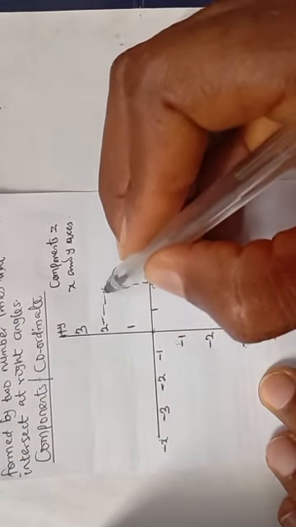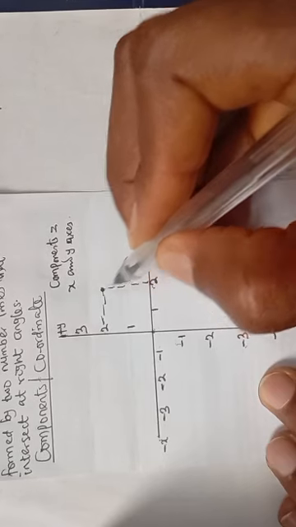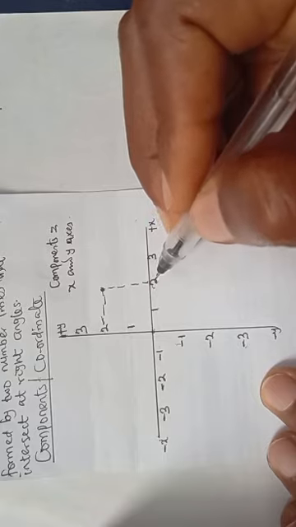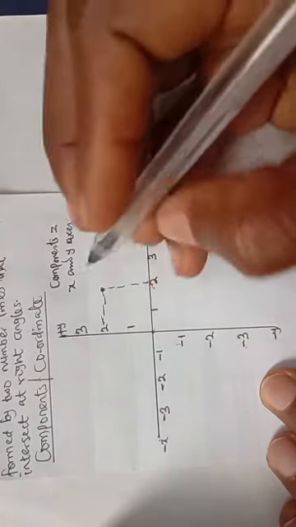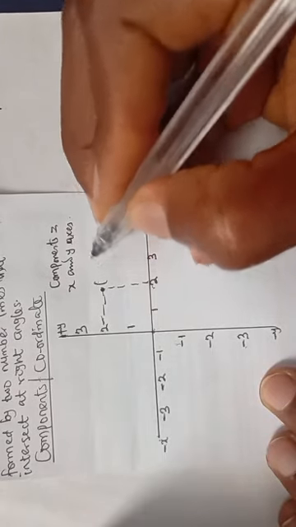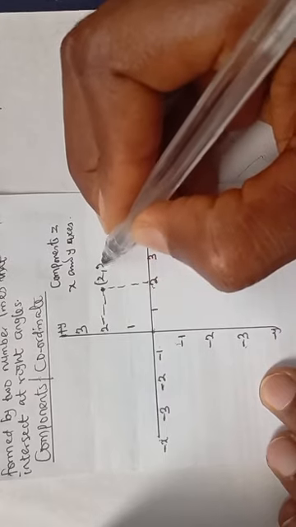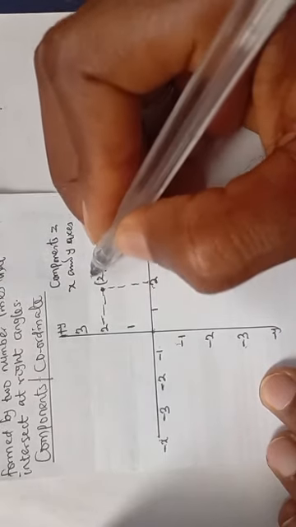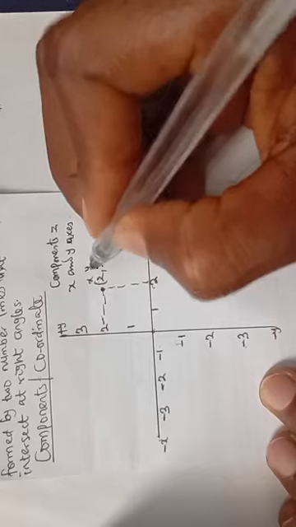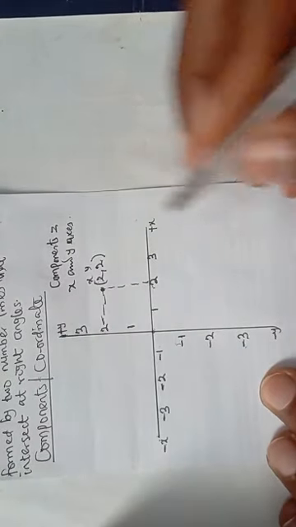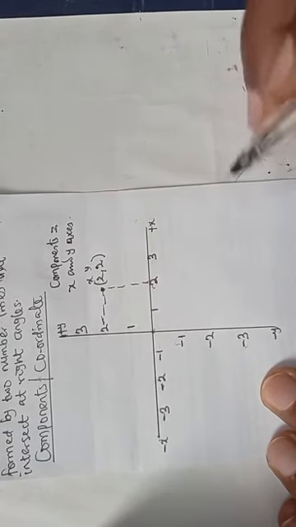The point where a value from the x-axis and the y-axis meet is called coordinates. So here it is (2, 2). This is called x, y, which are the x and y coordinates.